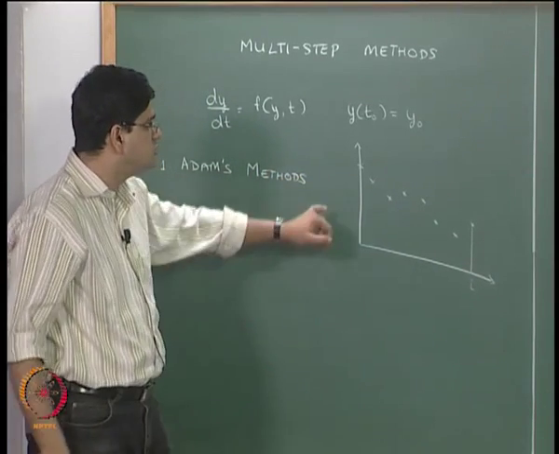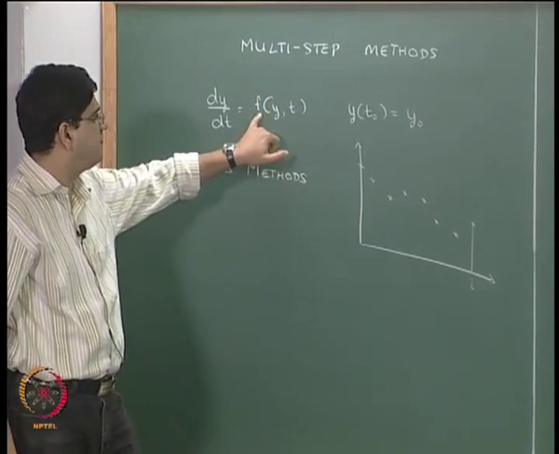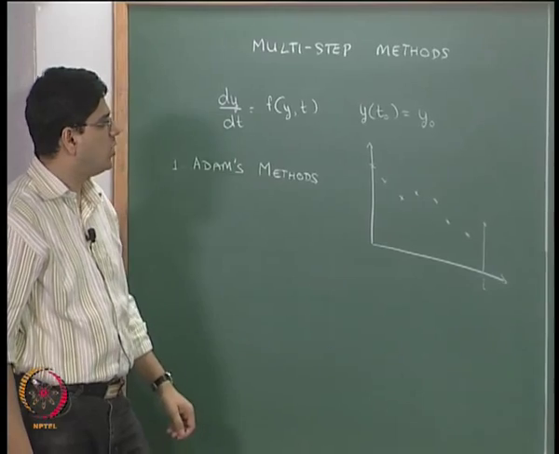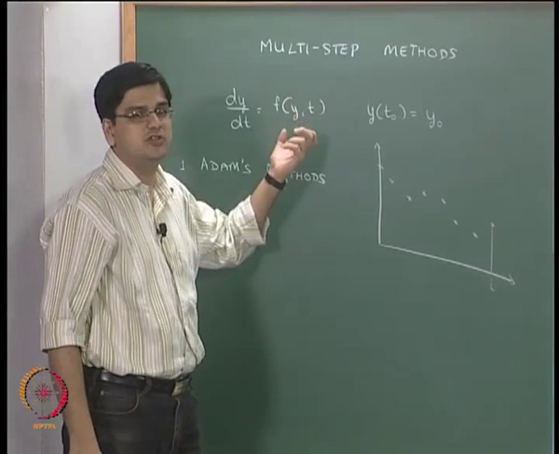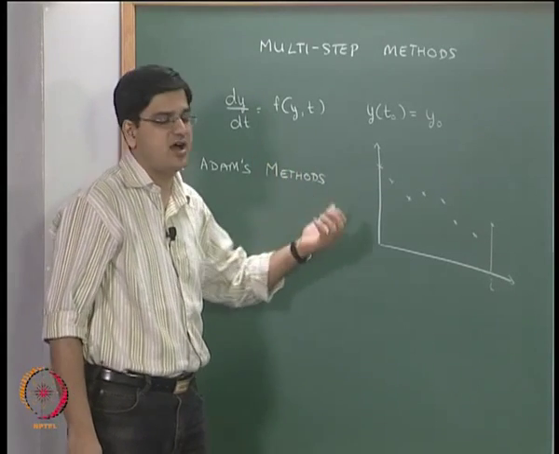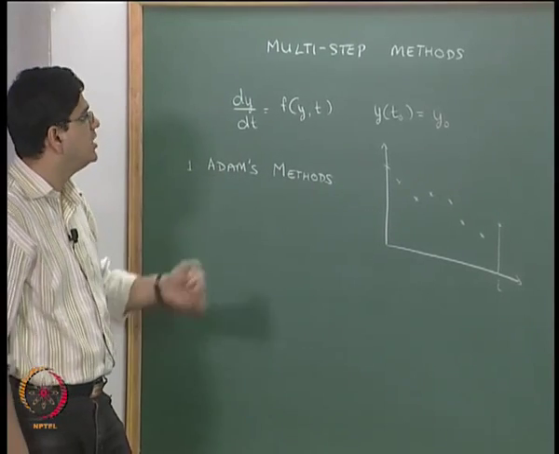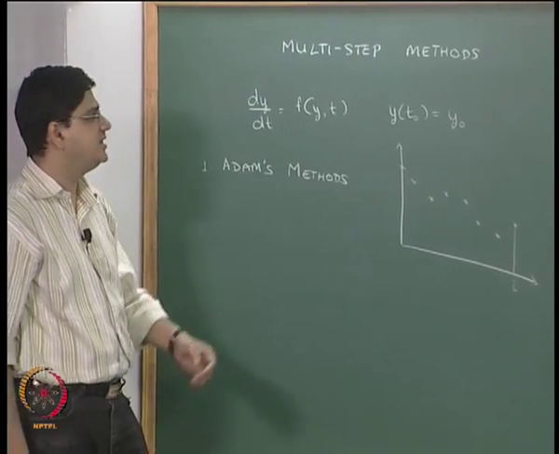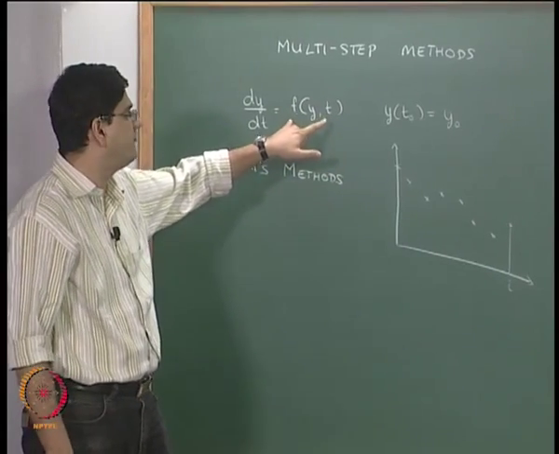The Adams family of methods do not use the yi's per se, but they use the function f of yi comma ti. So what you try to do is fit a polynomial to the past values of fi's, that means fi minus 1, fi minus 2 up to fi minus n, and then you use that polynomial instead of f of y comma t.